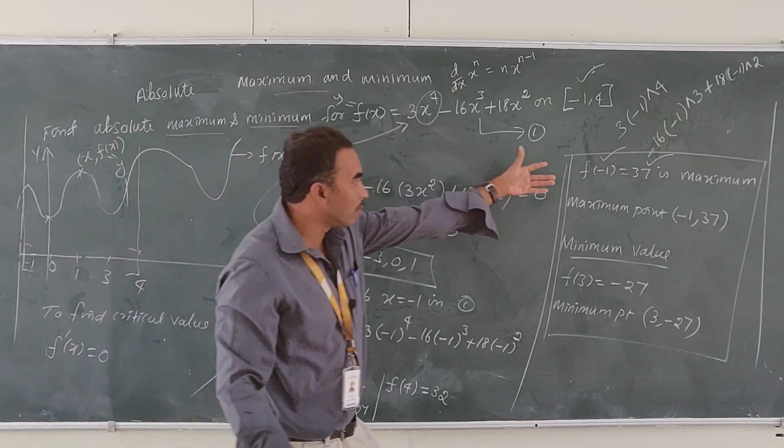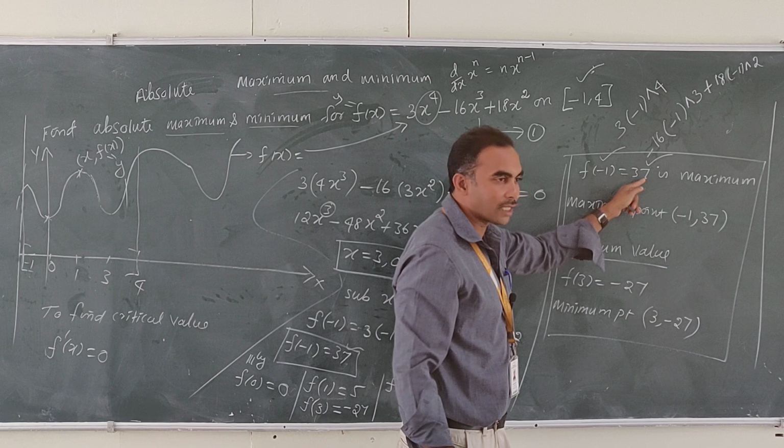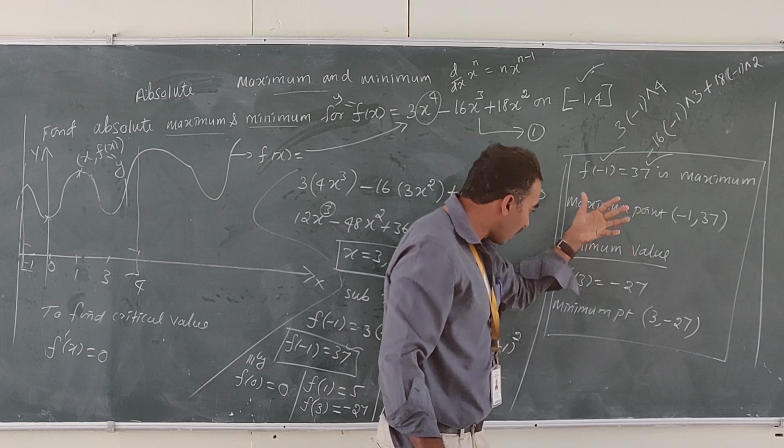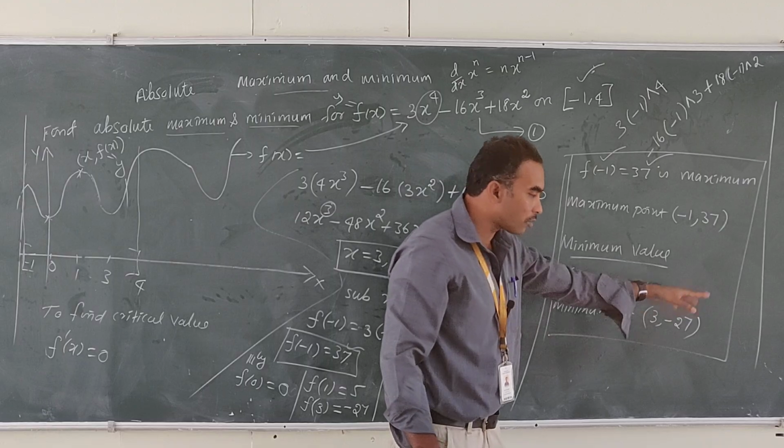Maximum point -1, 37. மினிமம் எல்லாத்துலயுமே எது மினிமம்? -27. சோ 3, -27.